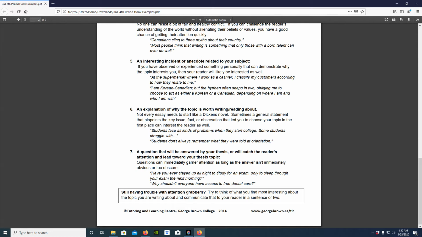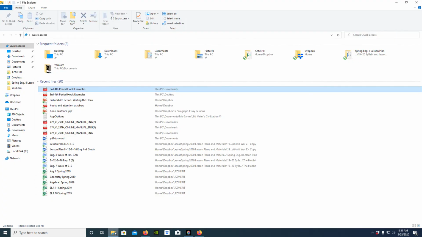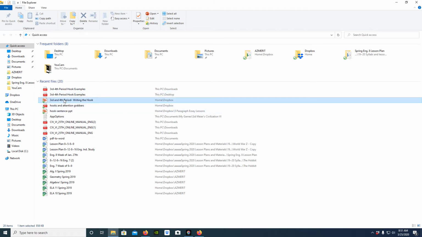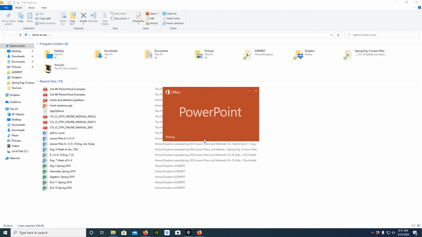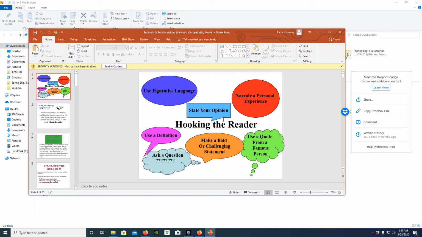Or, why shouldn't everyone have access to free dental care? And that would be a great question if you were going to be writing about how everyone should have free health care, or free dental care across the country. So that is a great way for you to be able to write your hook.